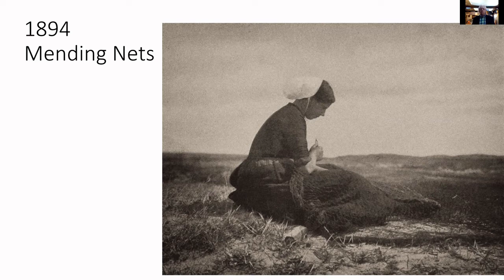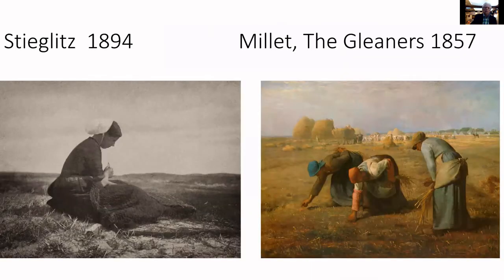And this is the kind of thing that other photographers were doing and painters had been doing since the 1850s. Right? We have Millet's Gleaners, and the Gleaners were the poor people who went around and lived off the stubble that was left in the fields after everything had been harvested.